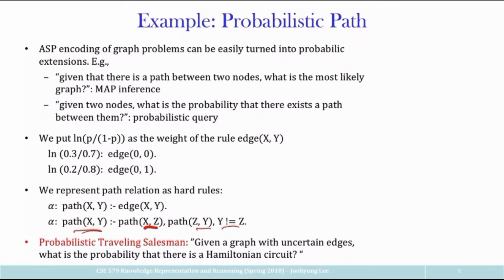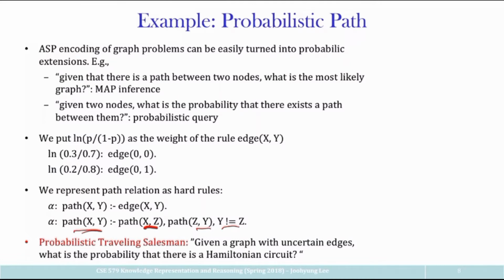Now you can say these nodes are not necessarily connected; there is a certain chance that there is an edge between them or not. You can make it a probabilistic version, which is typically more difficult than the deterministic version, but you can easily solve it using the system for computing LPMLN. All you need to do is change the edge relation to be probabilistic. Other rules are the same.